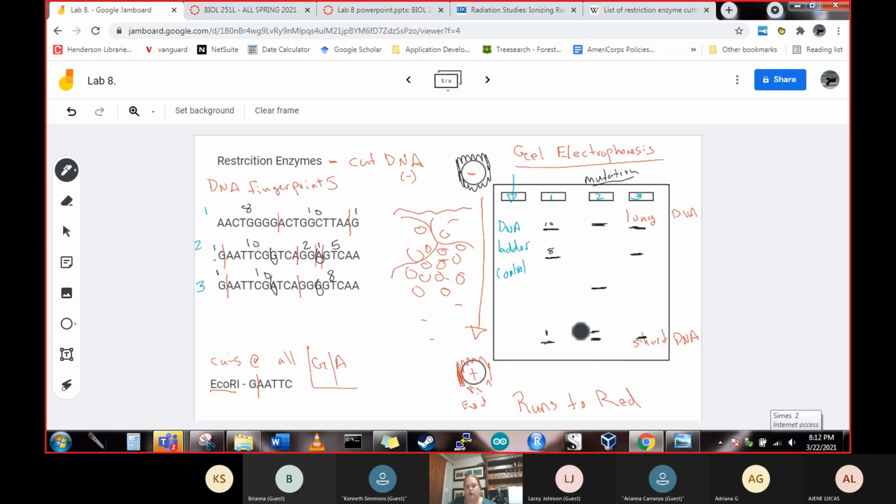You're only going to have 4 different fragments because all of your 1s are lining up. And then what happens when you have mutations? Mutations can cause giant shifts in these patterns of restriction enzymes that you get. And this is how you DNA fingerprint something.